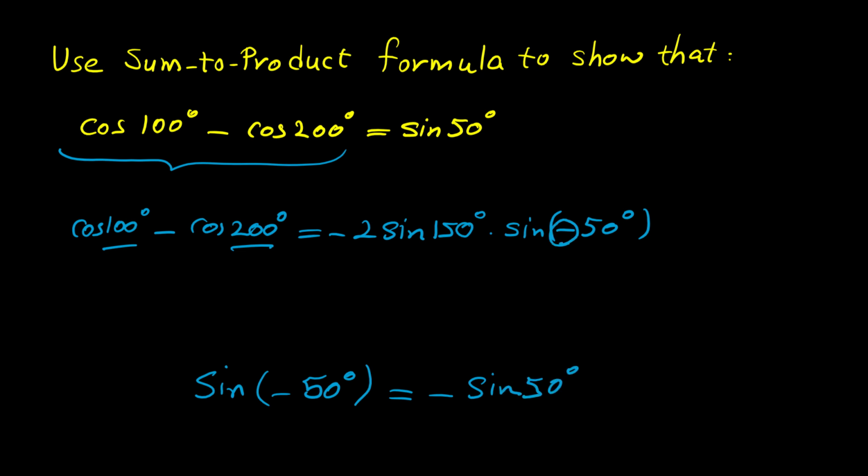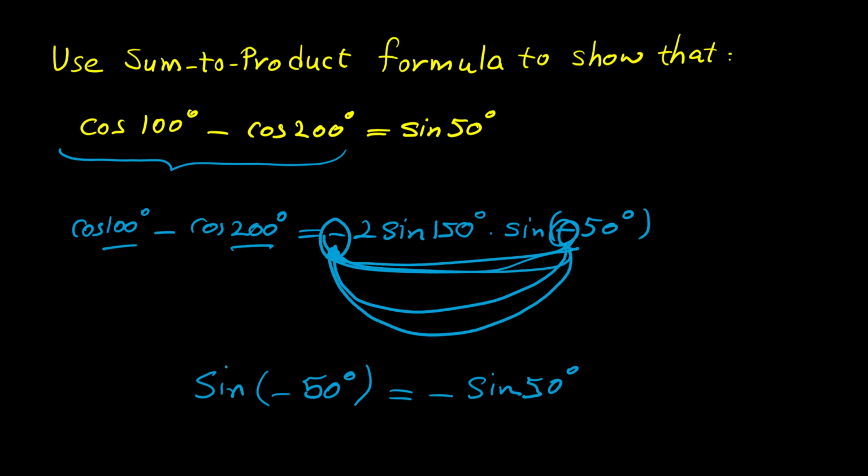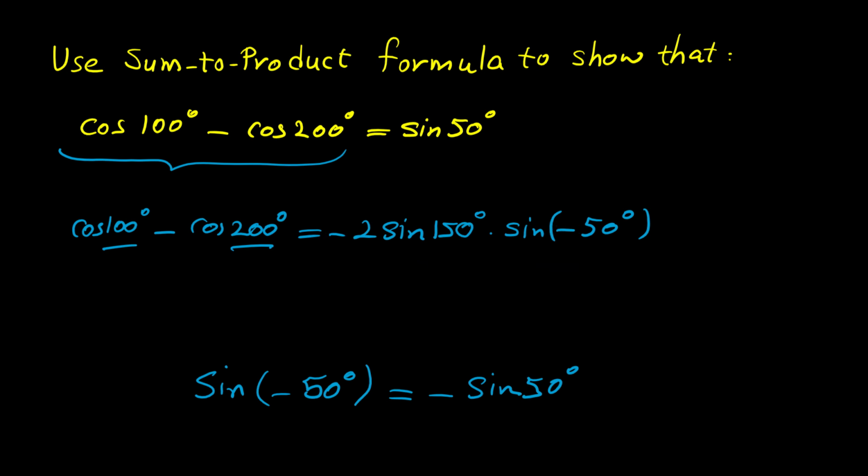So you can bring this negative to the front, and this negative, when it goes out, you can simplify with this negative and they cancel each other. Remember, sine is odd. If it was cosine, you can ignore the negative. But when it is sine, which is an odd function, you can bring it here, and negative times negative would be positive.